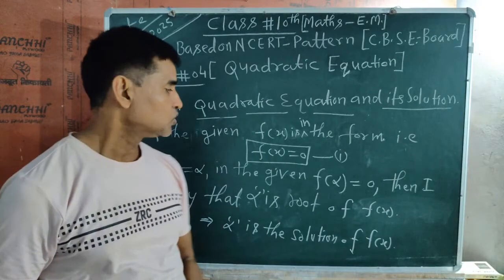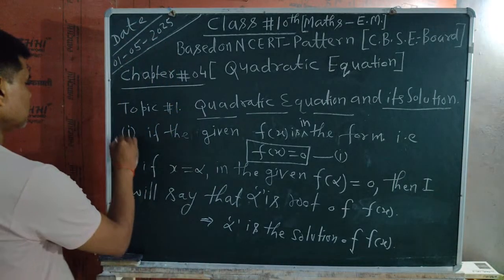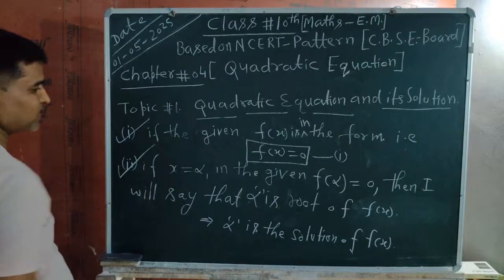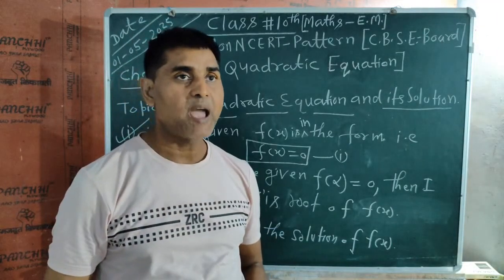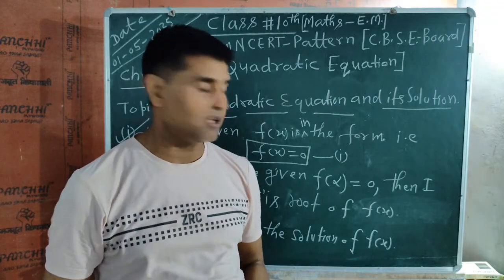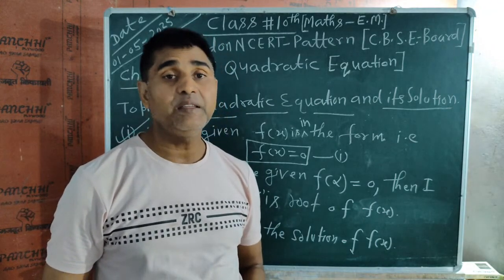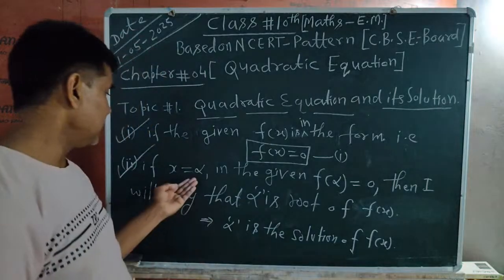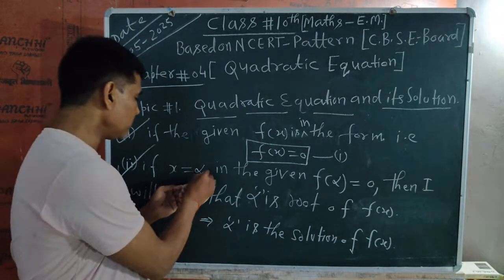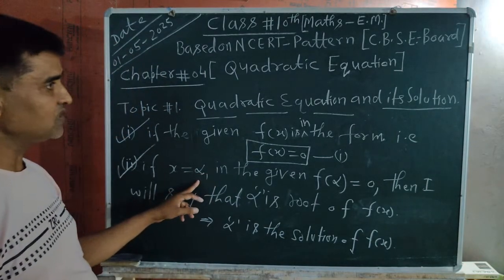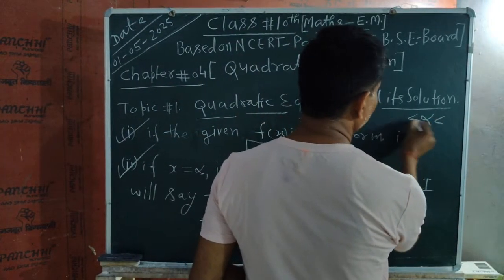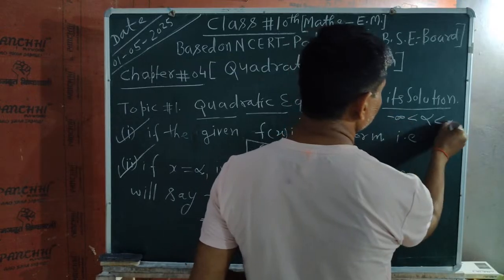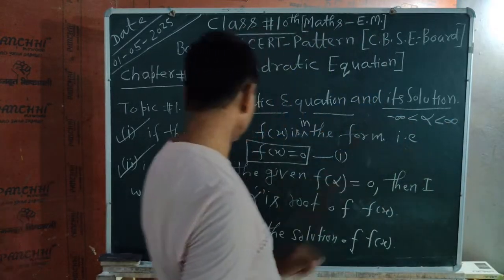Okay student, so you have to remember these two conditions. If any quadratic equation is given, and we have to say that any value of x, here the value of x I have taken alpha because its domain will be from minus infinity to plus infinity.